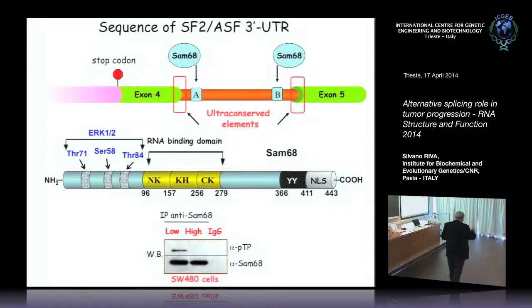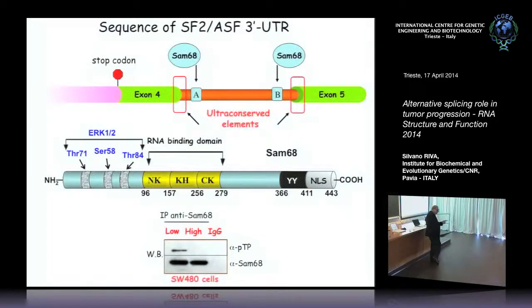And here comes the collaboration with these people in Trieste. Comes another player, SAM68. SAM stands for SRC associated in mitosis. Strange name, but in fact it is an RNA binding protein that transduces the signal from growth factors to the RNA metabolism.